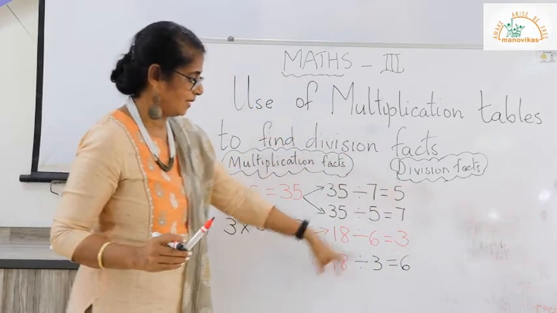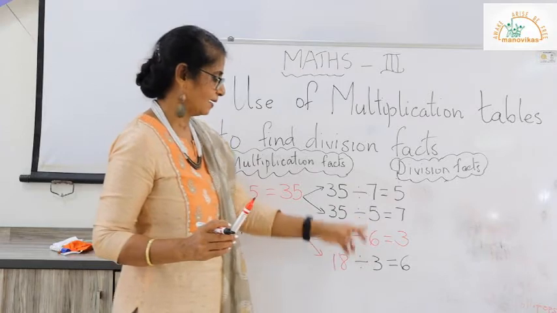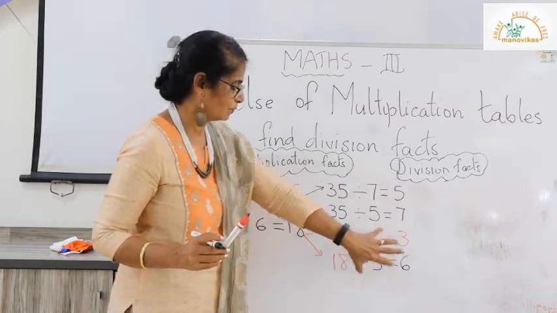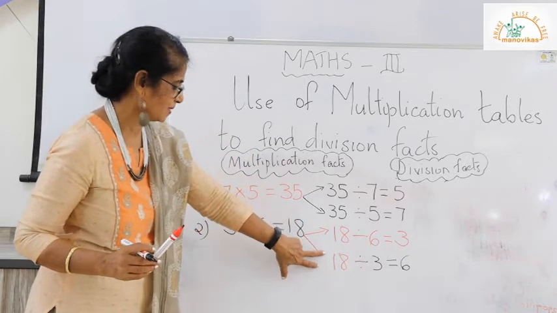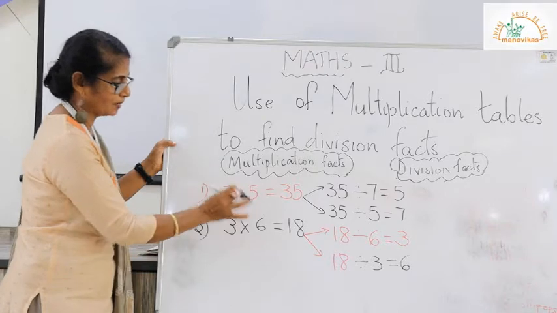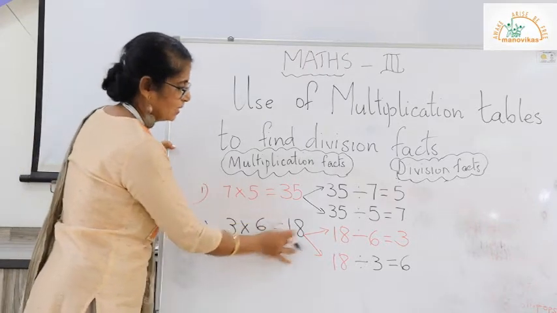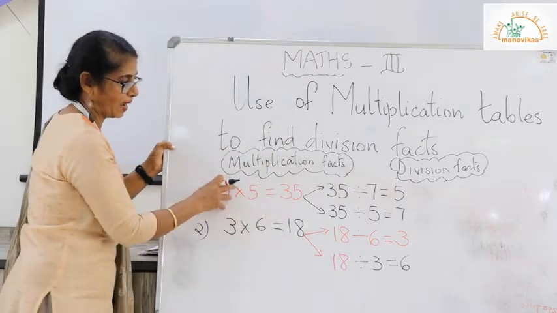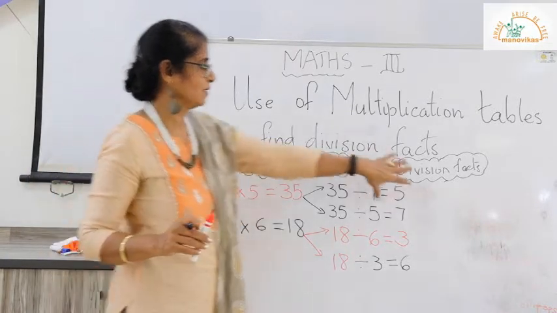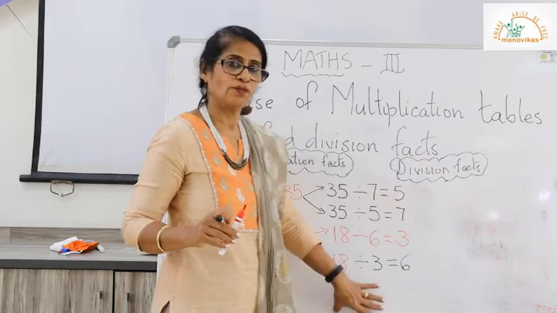Why? Because 3 sixes are 18. Here it is 6 threes are 18. So we have got the two division facts when we have the multiplication fact 3 multiplied by 6 is 18. So from a multiplication fact, using multiplication tables, we derive the division facts as follows.